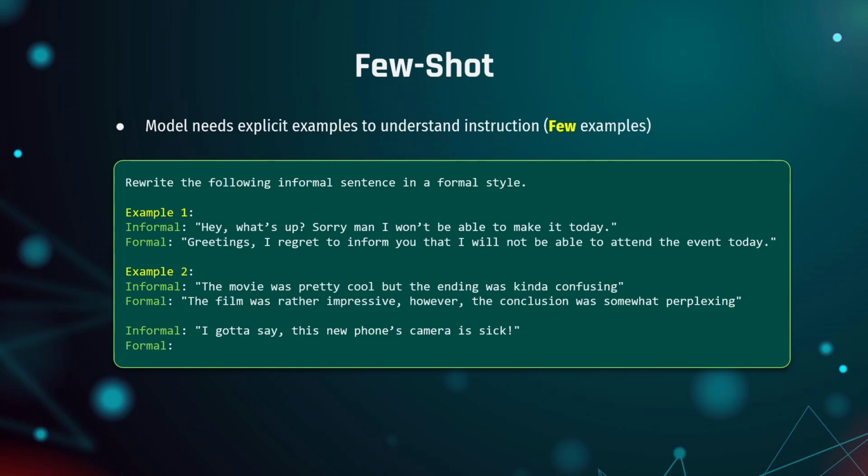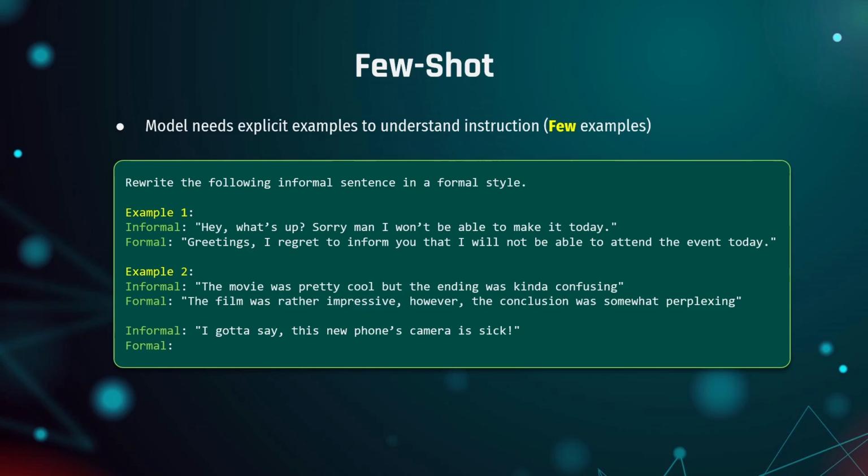So for a particular instruction, for example, in this case we are trying to convert an informal sentence to its corresponding formal version, we have to specifically show our model some example scenarios: if this is my informal sentence, then you should provide me with output formal sentences similar to the ones I showed you, okay?